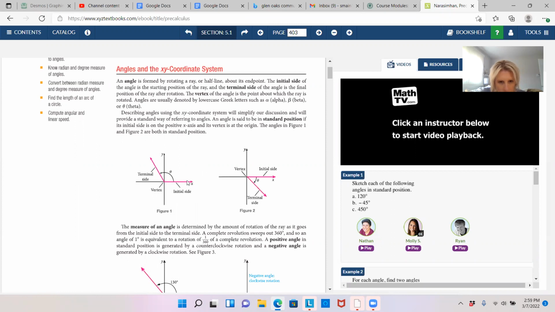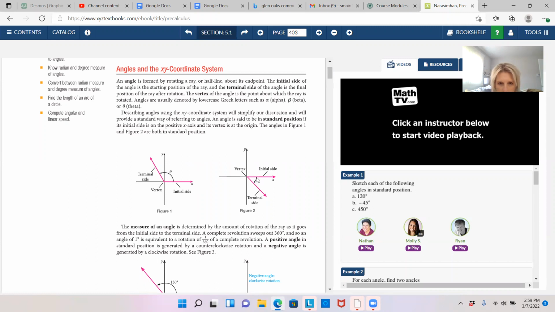That's going to be our initial side, and we're going to go to the left, and this angle is called theta. And then when it goes over into the second quadrant, that's called our terminal side, where my arrow is. That's positive. So when we go counterclockwise, it's considered a positive angle.